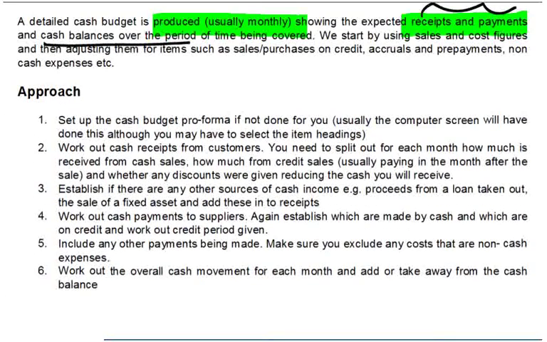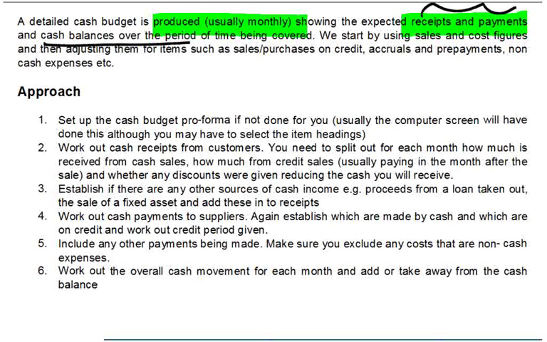All right then, so just skipping back to the prior page, it gives you an approach to setting up these sort of questions if you have to do a long one. So in terms of setting up the cash budget pro forma, usually what will happen is the computer screen will have set this up for you, but you might have to select some of the item headings in there.